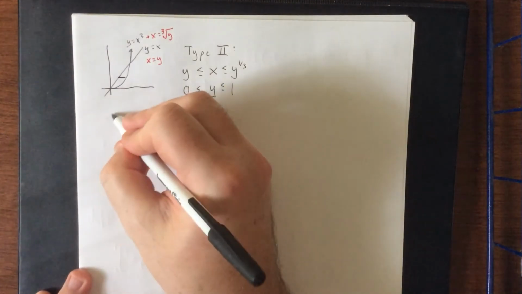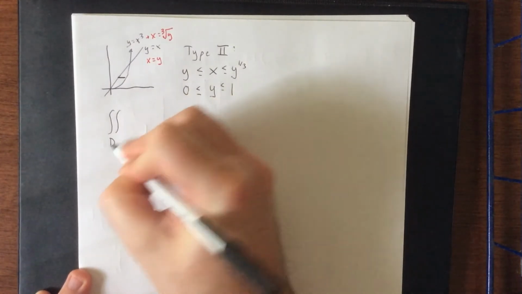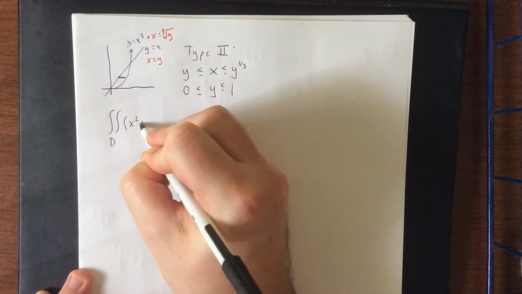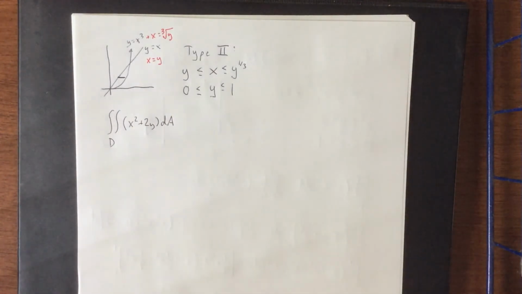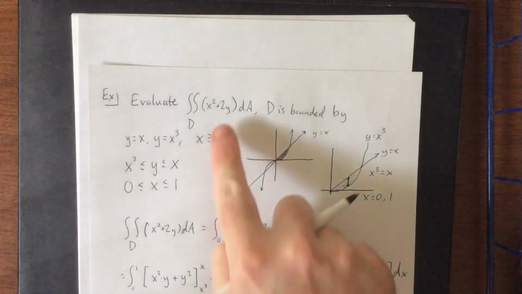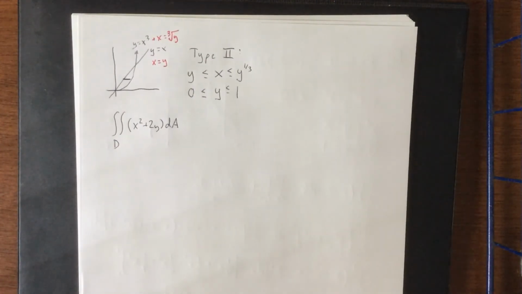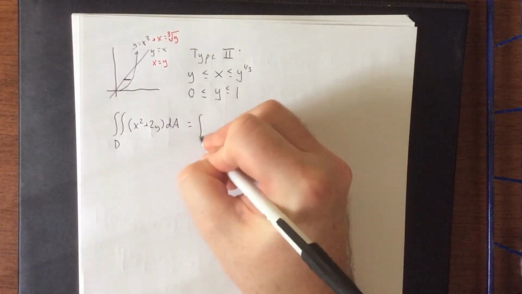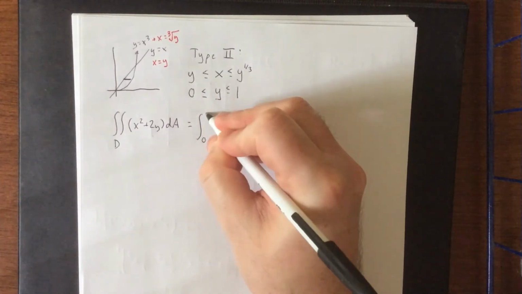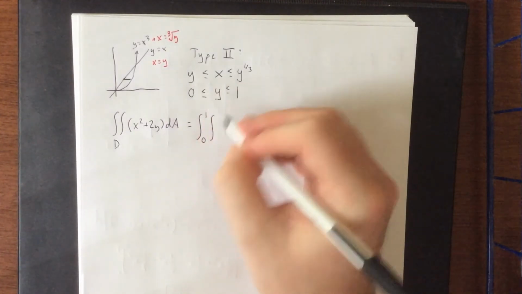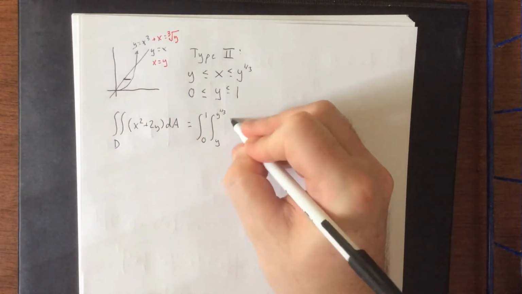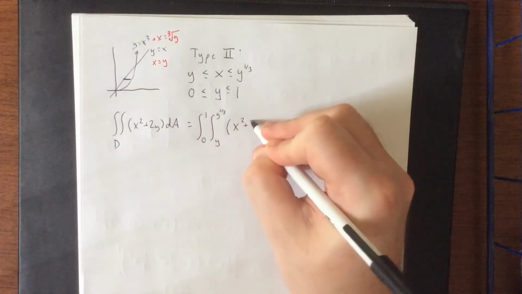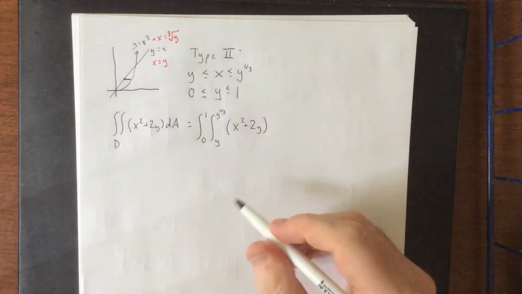That means that to set up our double integral over the region D of x squared plus 2y dA, just going to verify real quick that that is the function in question. Good, my memory's not too bad. This will be equal to, last integral will be with respect to constants, that'll be from 0 to 1, and the first one will be with respect to variables, that'll be y to the 1/3 power of x squared plus 2y.